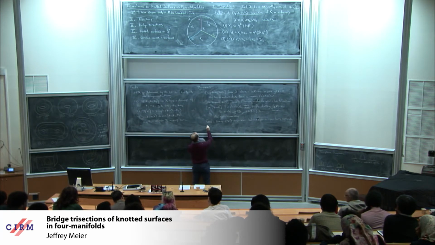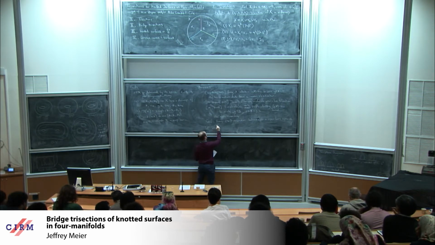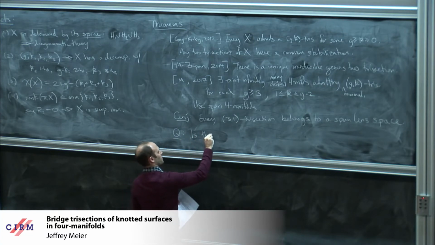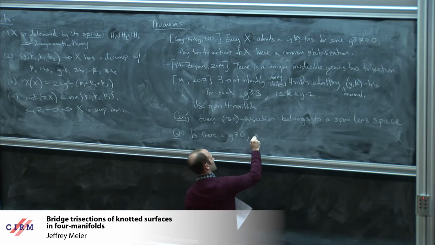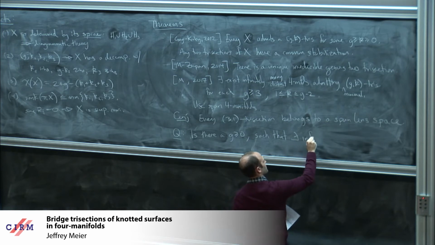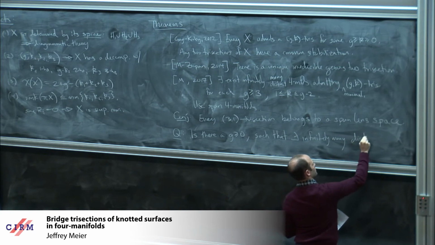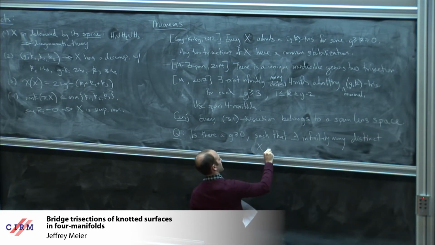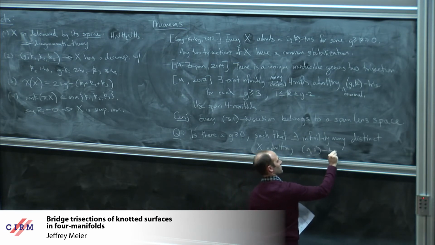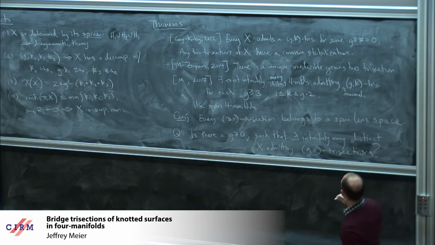And then I'll just finish with a question, which is: is there a G greater than or equal to 0 such that there exist infinitely many distinct irreducible X admitting G0 trisections?